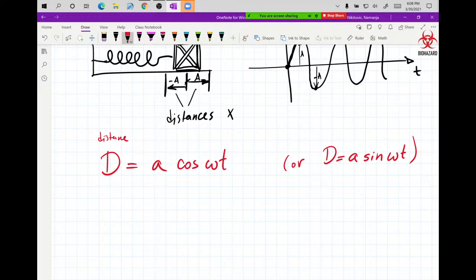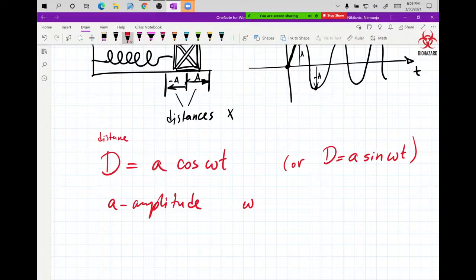And A is the amplitude, and we know that omega is angular velocity, but omega is connected to the period. And by the same token, it's connected to the frequency.